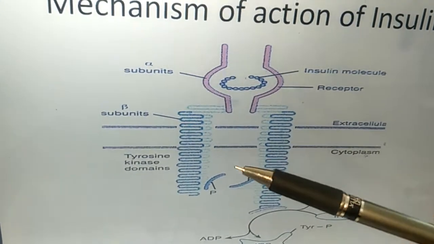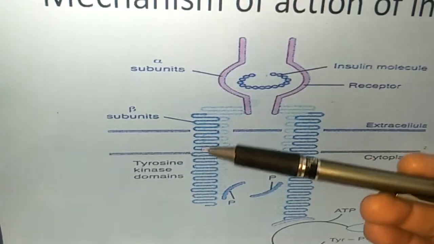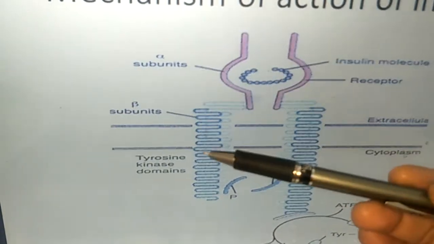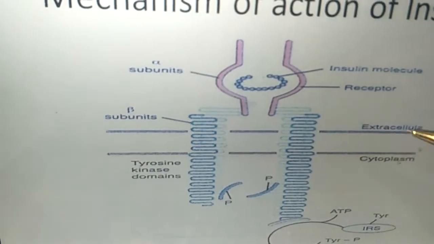It exists as a heterodimer. Hetero means there are two subunits in each insulin receptor, one alpha, which is extracellular if this is the cell membrane.